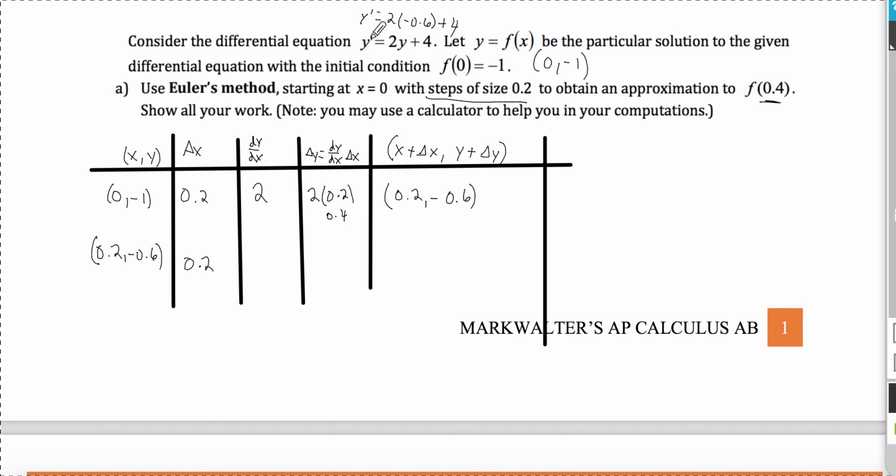So I'm taking the y value and plugging it into my derivative equation because that's all my derivative needs. So what does this give us? 2 times -0.6 is -1.2, right? -1.2 plus 4, which is going to give us 2.8. So dy dx is 2.8. Then I multiply 0.2 times 2.8.